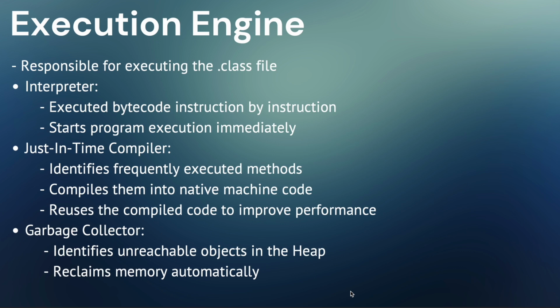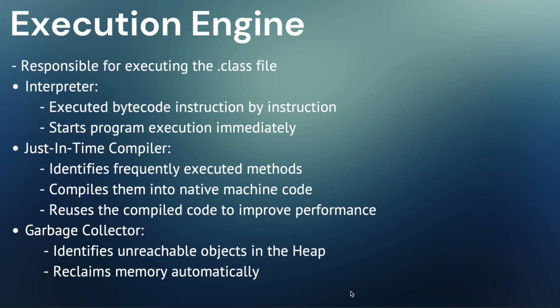But there is a drawback. If the same code is executed again and again, interpreting it every time becomes slow. So while the interpreter is simple and fast to start, it is not the most efficient for long-running applications. To solve this problem, the JVM uses the just-in-time compiler, also known as the JIT compiler. The JIT watches your program while it runs.